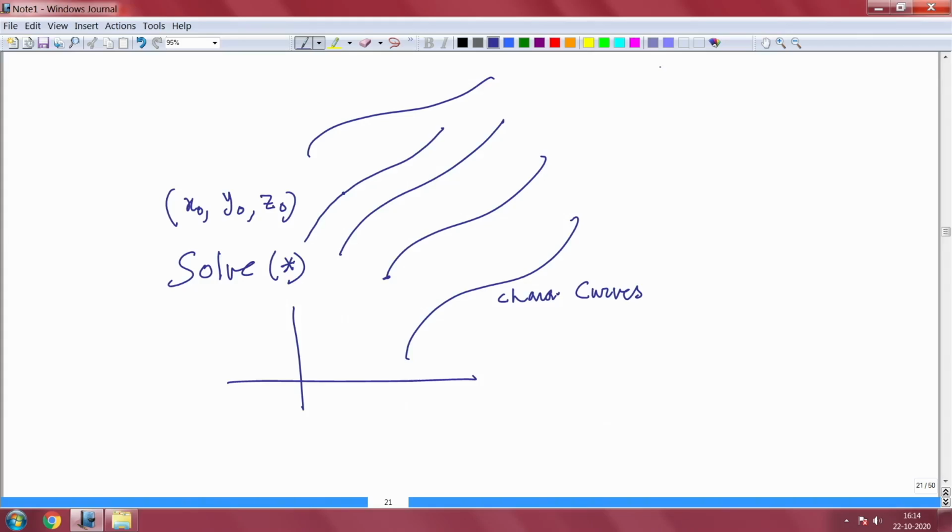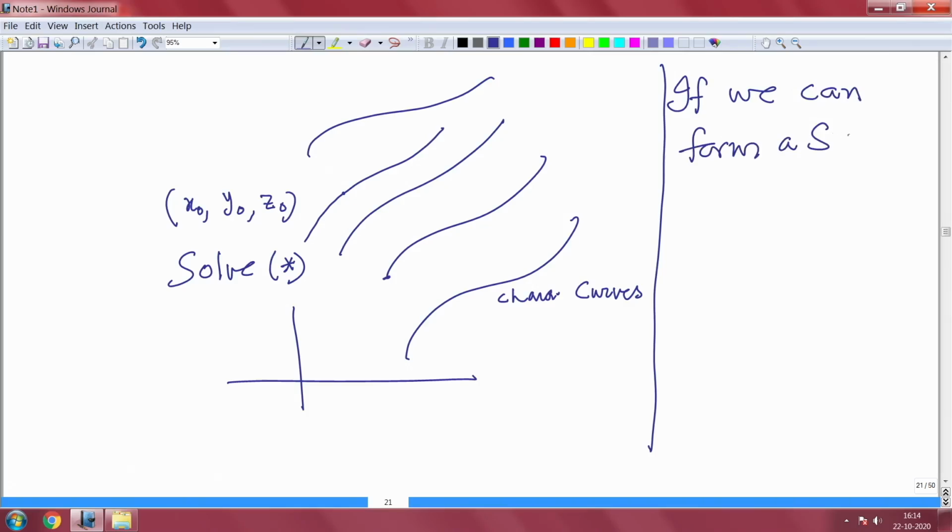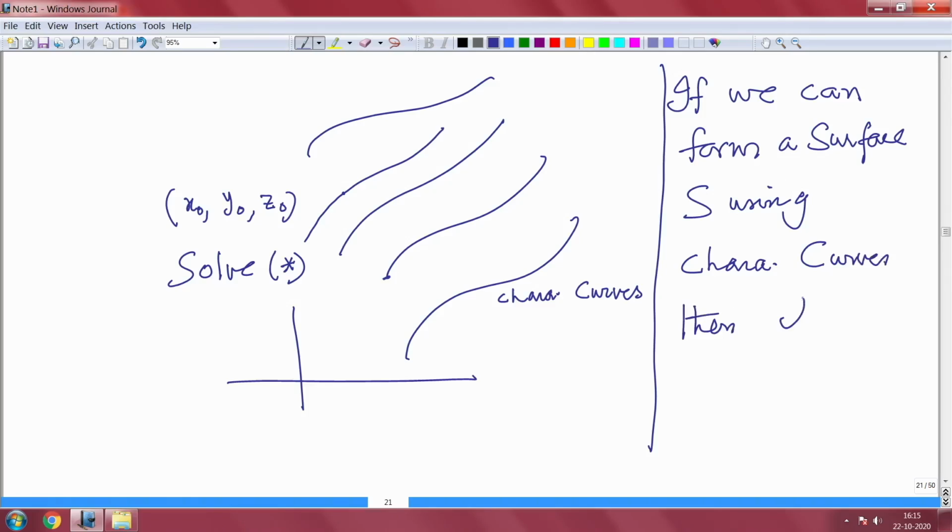So, what we are looking at is the integral surface. If we can form a surface S using these characteristic curves, then S will be an integral surface.